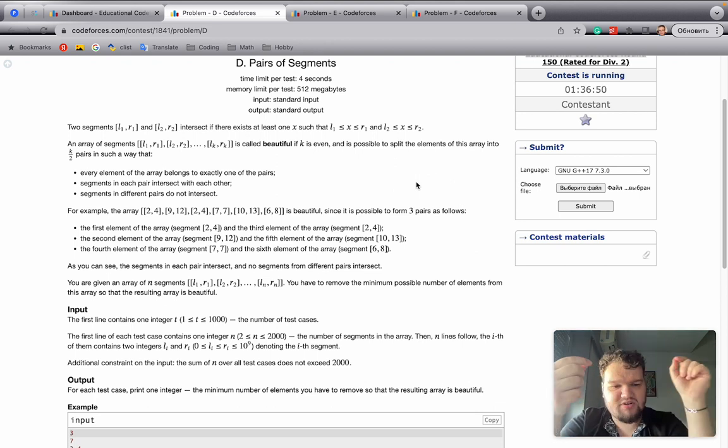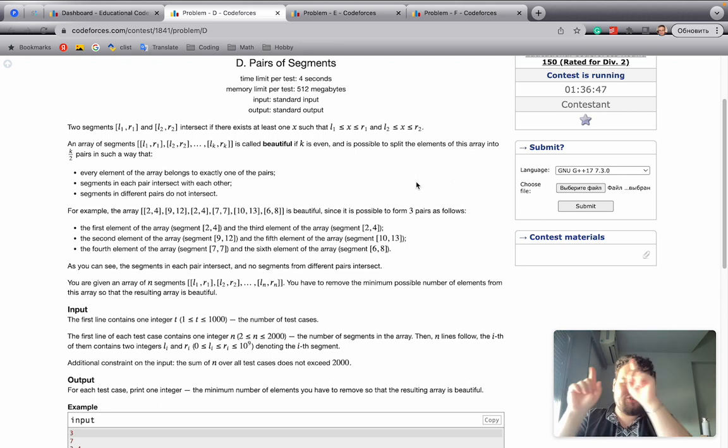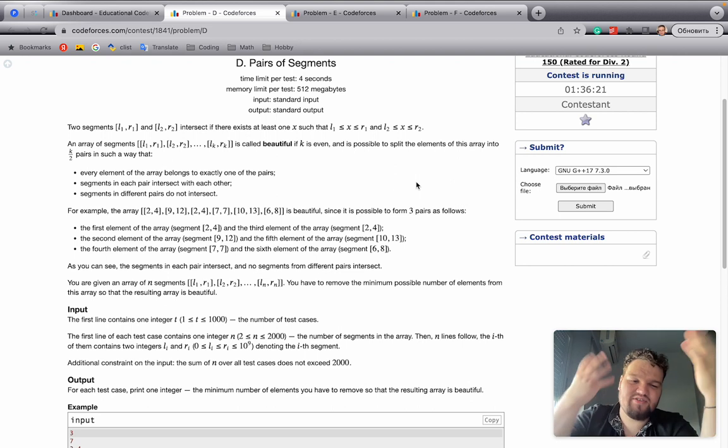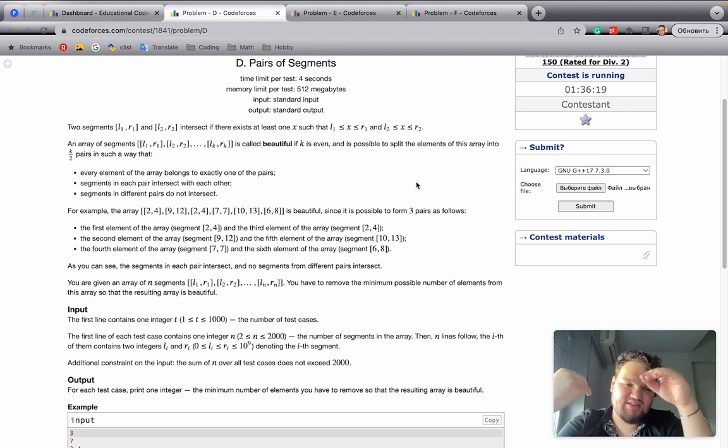When they're sorted by left border, each pair will be two consecutive left borders. So I have two different states: the last chosen segment is the first in the pair or the second in the pair.